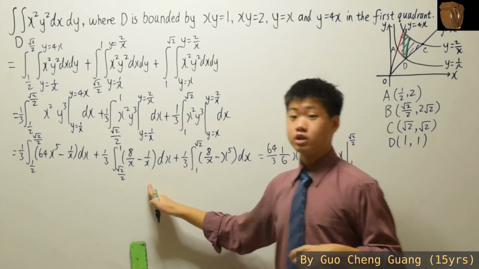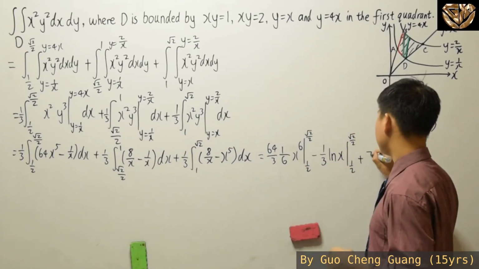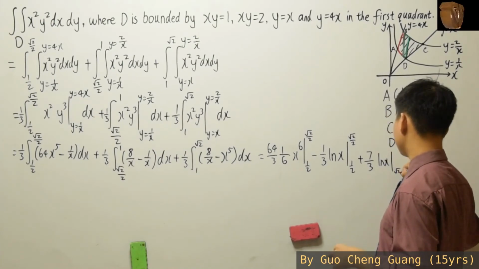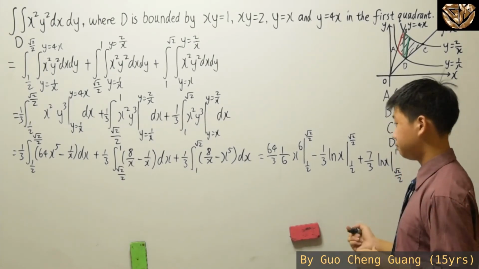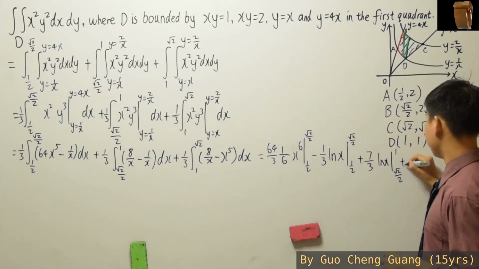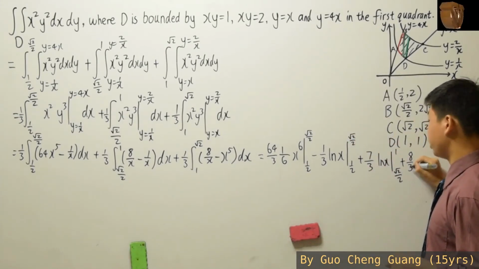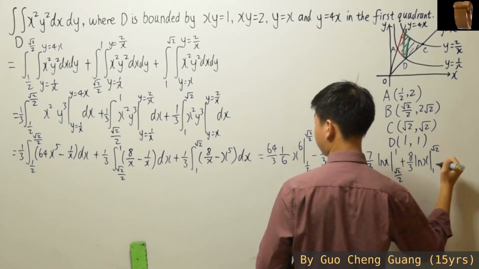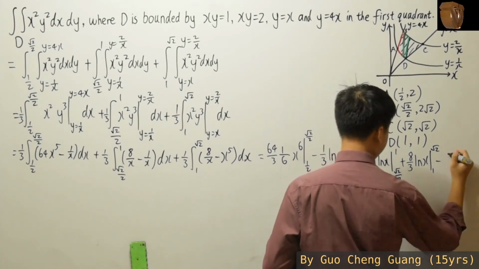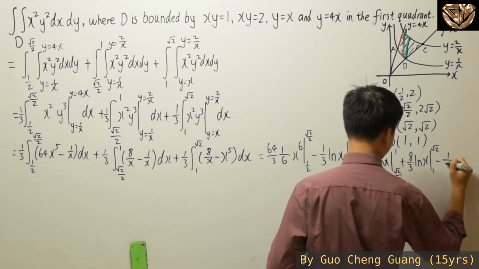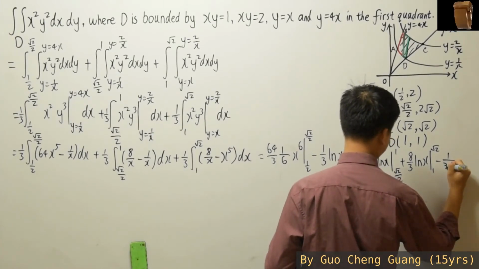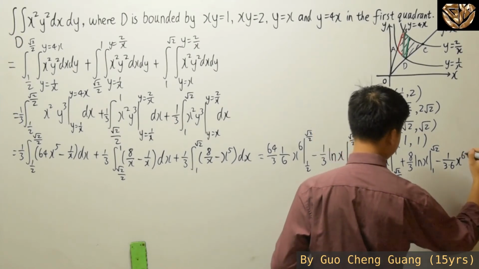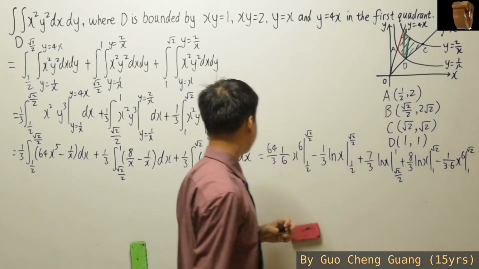Now this part, you just have 7 over x, so plus 7 over 3 ln x from square root 2 over 2 to 1. Here you just have 8 over 3 ln x from 1 to square root 2. And lastly, you have minus 1 over 3 times 6 x to the power of 6 from 1 to square root 2.